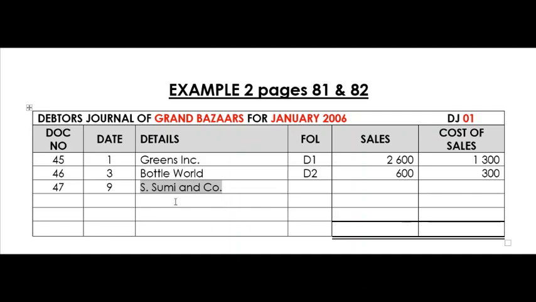It's very important that you write the debtor's name exactly as it's given to you. So if there's a full stop, make a full stop. If it's in capital letters, keep it in capital letters. This will be debtor number 3, D3. The total selling price was 1,700 Rand, and the cost price, if you do your cost price calculation with a markup of 100%, is 850 Rand.